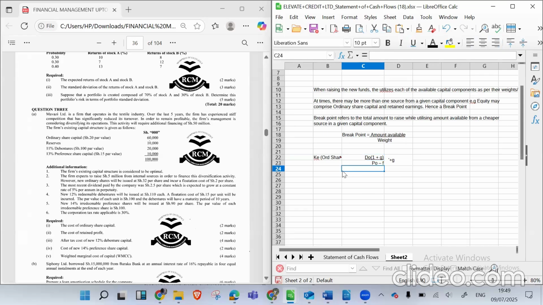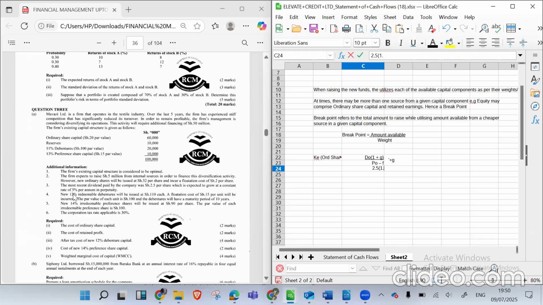So do we have our D0? The most recent dividend paid by the company is how much? 2.5. Into the growth rate. The growth rate is a constant growth rate of 5% per annum in perpetuity.